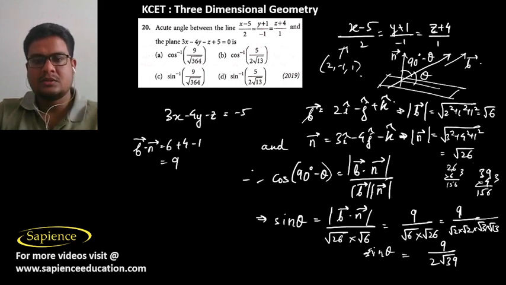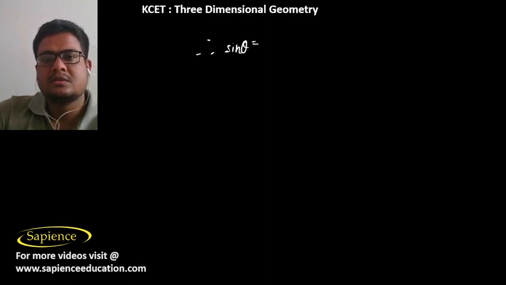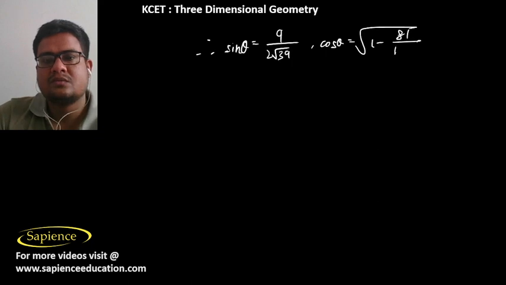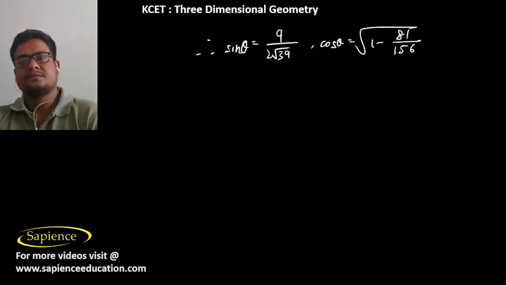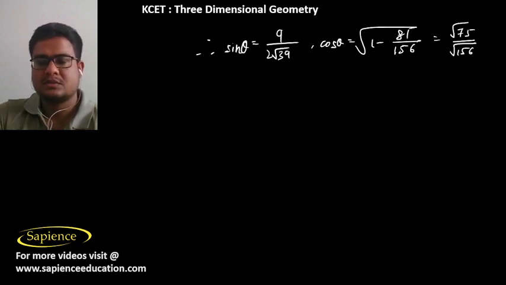So therefore sine theta is coming 9 by 2 root 39, and so cos theta will be equal to square root of 1 minus 81 by 156. So this will be equal to root over 75 by root over 156.